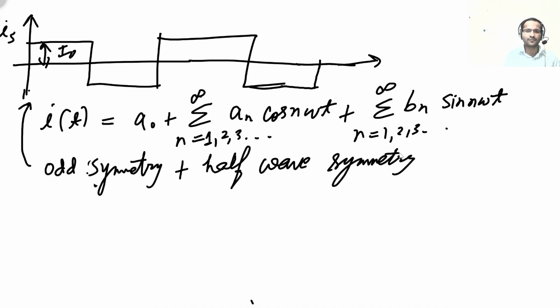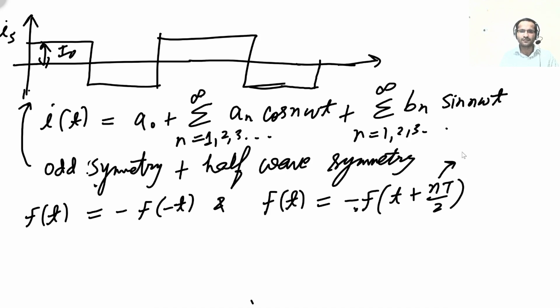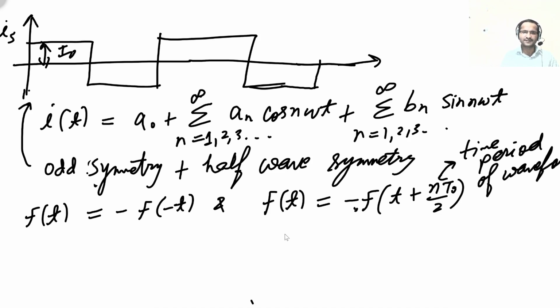Any waveform follows odd symmetry if f(t) equals minus f(minus t), and half wave symmetry if f(t) equals minus f(t plus T0 by 2), where T0 is the time period of the waveform. So this is the half wave symmetry and this is the odd symmetry.